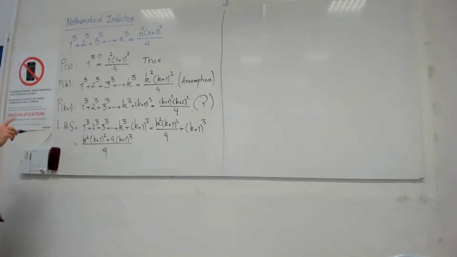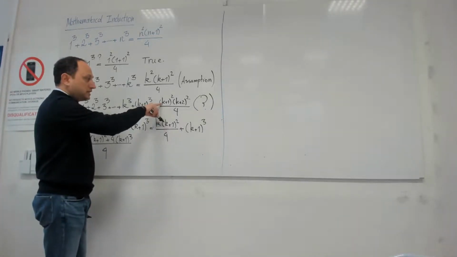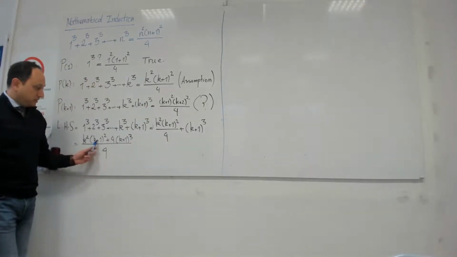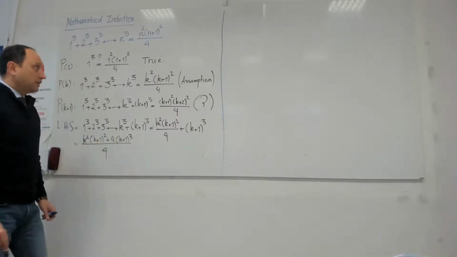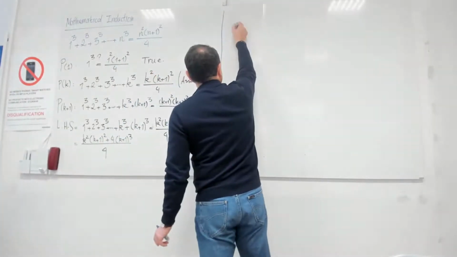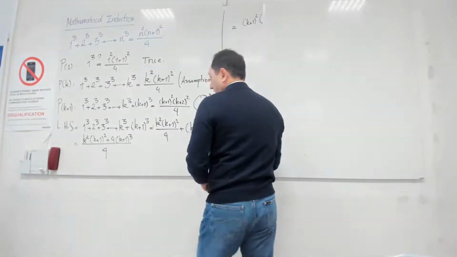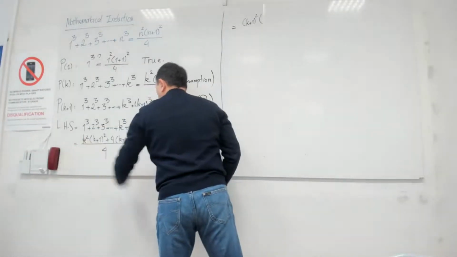But again, always you need to keep an eye on what you want to prove. Here I see that I have k plus 1 to power 2. So this motivates me to factor k plus 1 to power 2 out of this and that, because it's possible. So between these two terms, I factor k plus 1 to power 2 out. This k plus 1 to power 2 is completely removed. Only k squared is left.